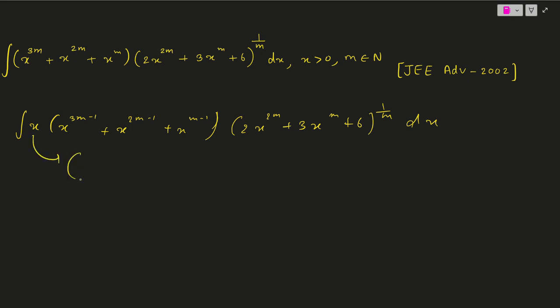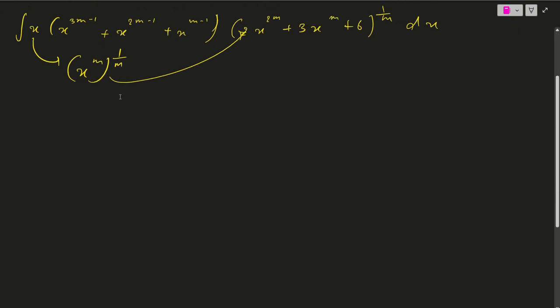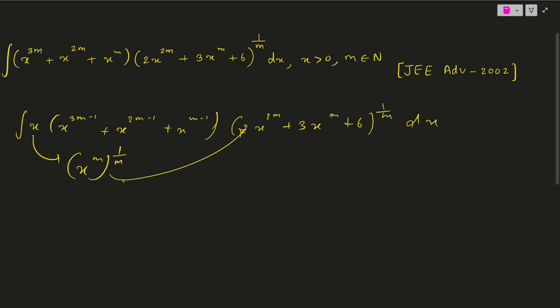Now x raised to power m with raised to power of minus 1 by m is same as x. To multiply it directly here, we have to convert it into this form. It will be same as before.